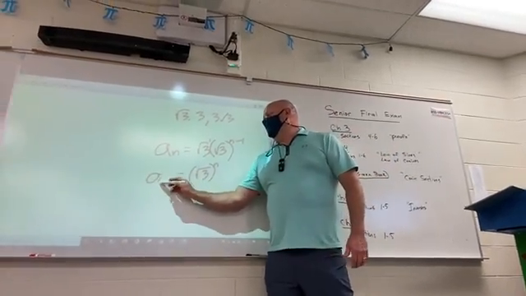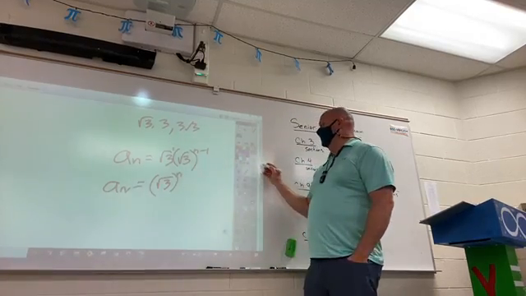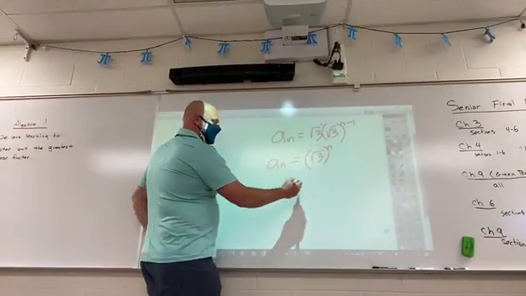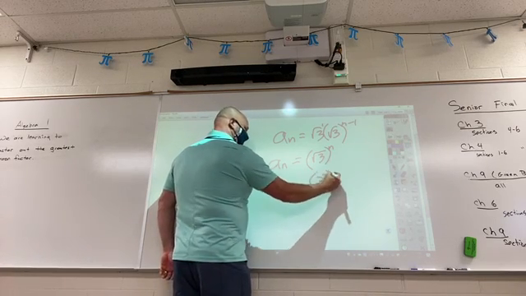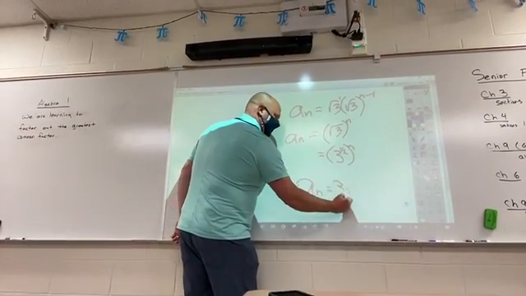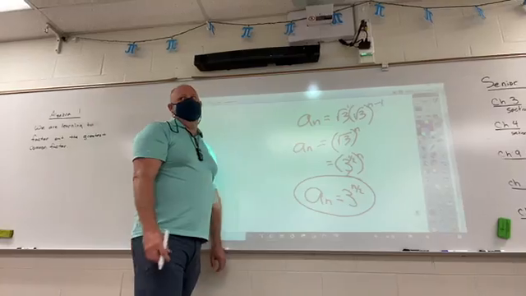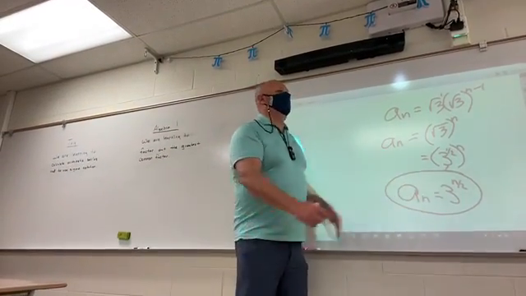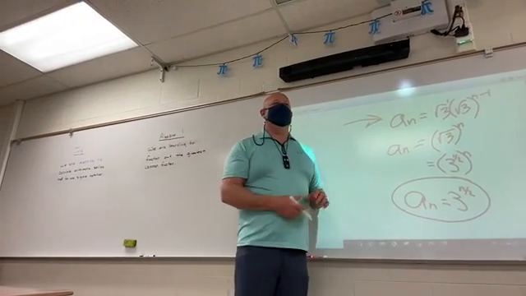This would also be an acceptable, better answer than that, but even that could be simplified, because what's another way to write the square root of 3? 3 to the 1/2. To the n, which would actually, the best answer would be 3 to the n over 2. That's a really, really good answer. I don't really expect everyone to get to that point. That would be the best answer. If you had that one, you're in good shape.